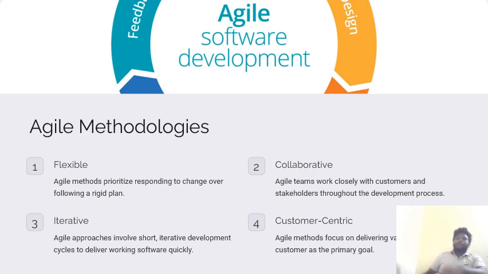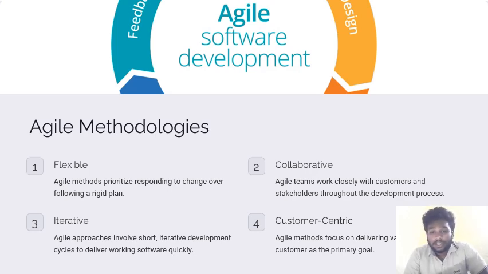Next, let us see the agile methodology. Flexibility: the agile method prioritizes responding to change over following a rigid plan. That is, if you want to update or modify the product with your already existing software or program, if we use the agile method, it has more benefits, like it is cost effective and the time taken is less, and many more.